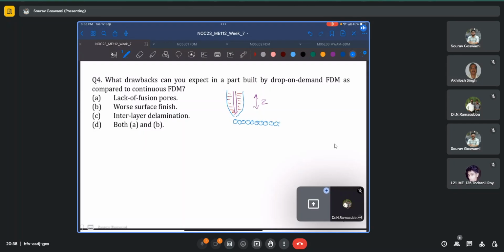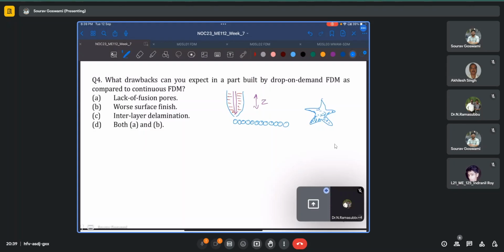So maybe small spherical drops, and we can do all sorts of area filling. So maybe start at the boundaries, and then depending on the size of the bead, the size of the geometry, or the accuracy that you want, we can even adopt different strategies that were covered in our toolpath planning sessions. But what are the inherent drawbacks or the defects that we can expect?